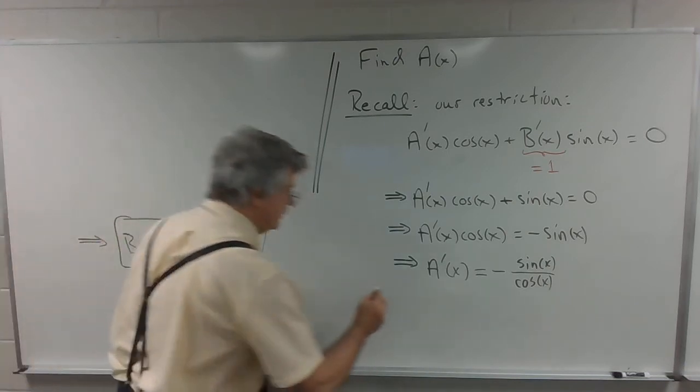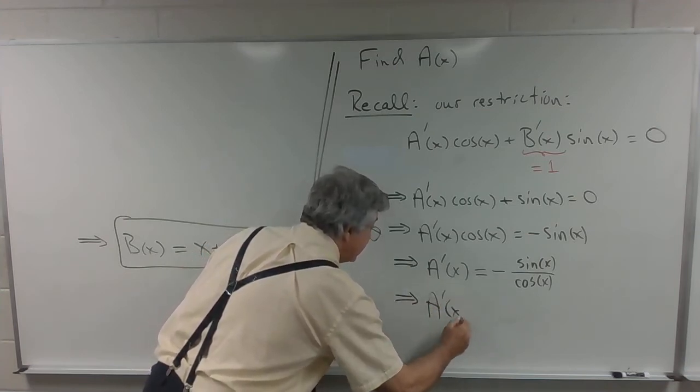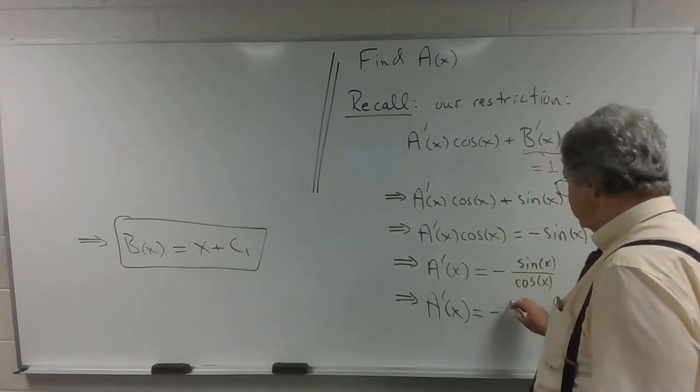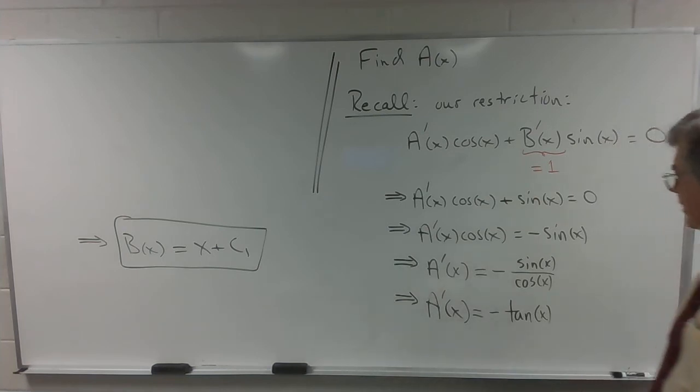What is this really saying? A prime of x equals negative tangent x. Okay, that's what that's saying.